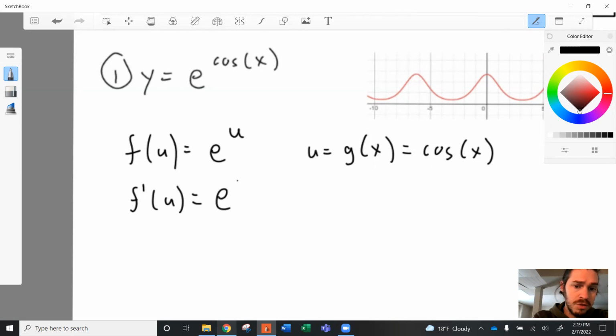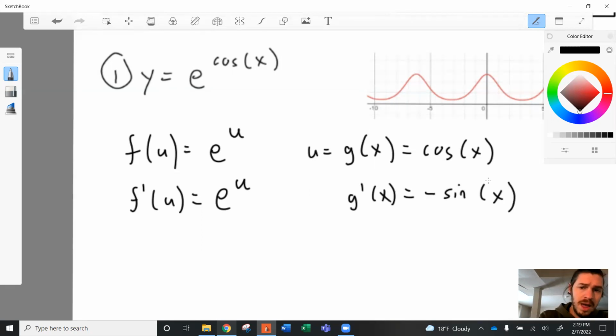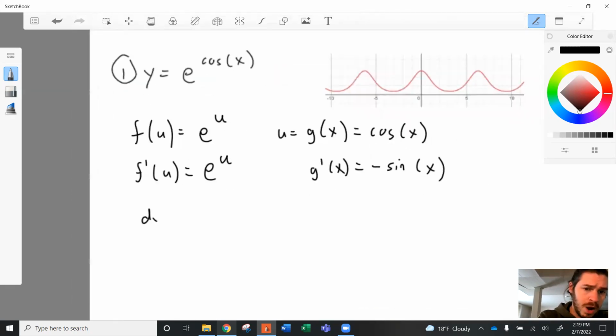This derivative is itself. Then we get g prime of x, the derivative with respect to x of cosine of x, and as we just recently learned, this is negative sine of x. So now I'm going to multiply those together, and that should give me the derivative of y with respect to x overall.